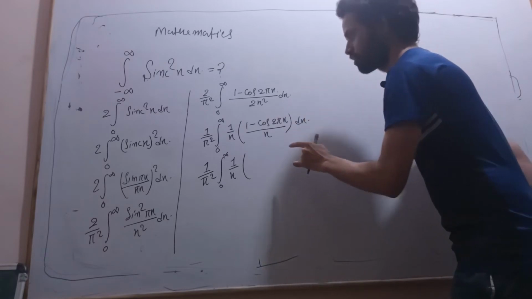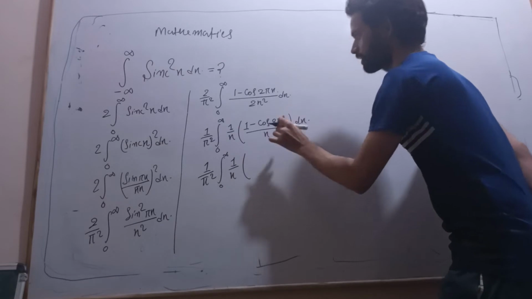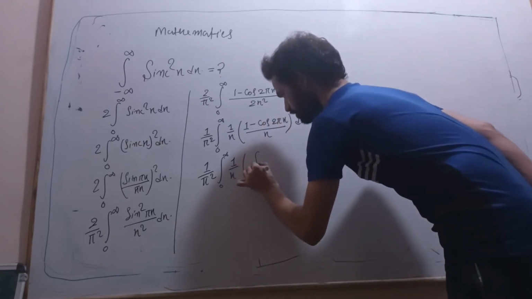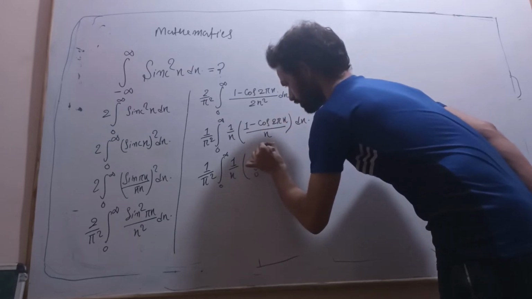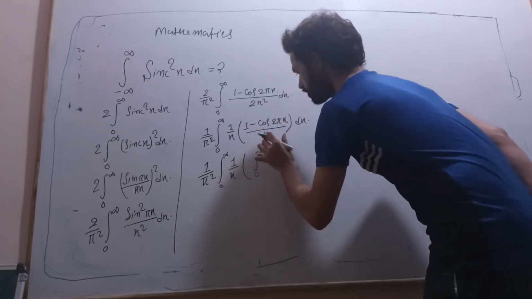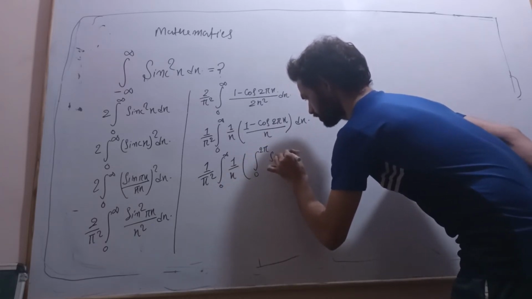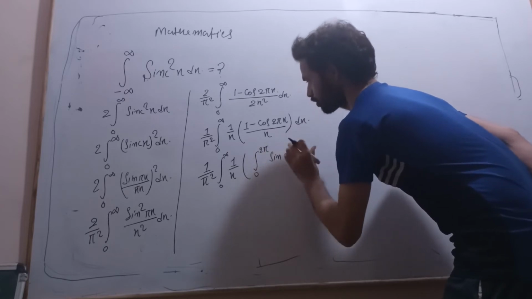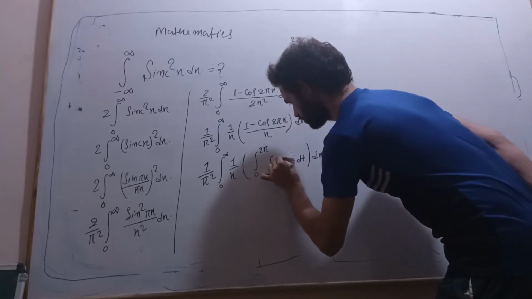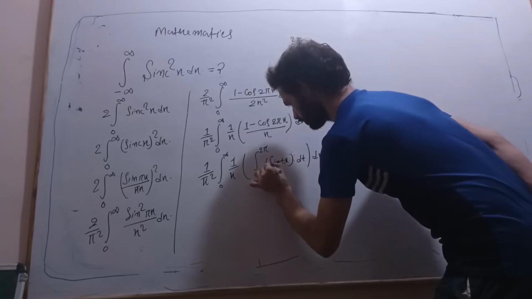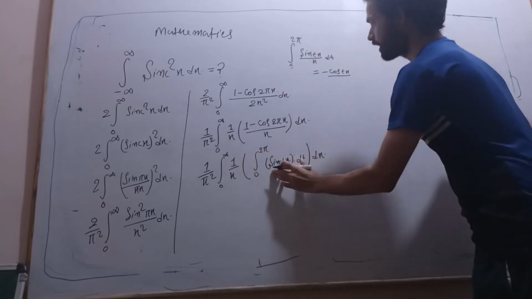What can you write for this? Let us say you can write this as the integration from 0 to 2 pi of sin tx dt.